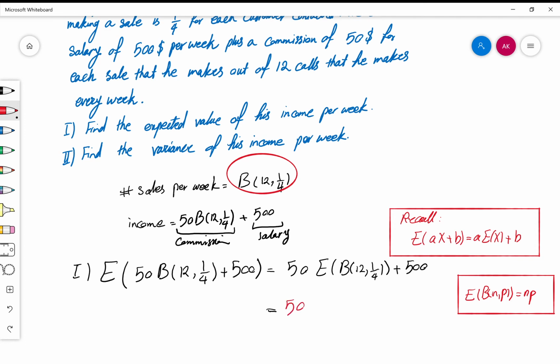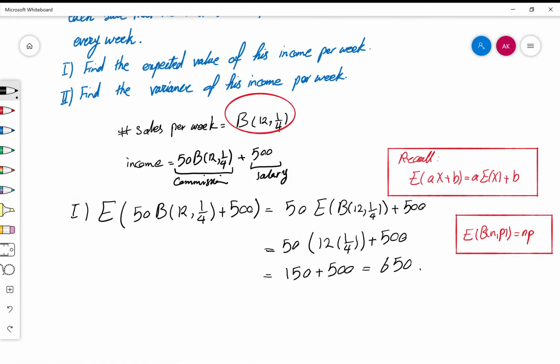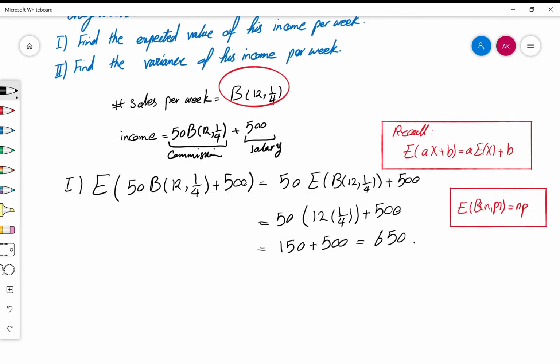So here this is 50 times E of B(12, 1/4), which is 12 times 1 over 4, plus 500, and then this is 3 times 50. This is 150 plus 500. This is 650. So his average income from this company is $650 per week.